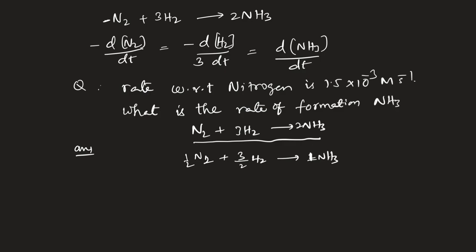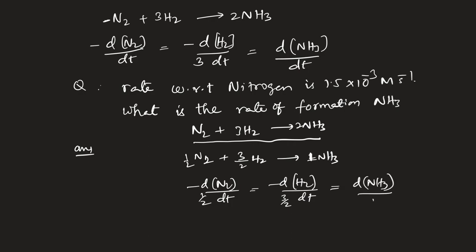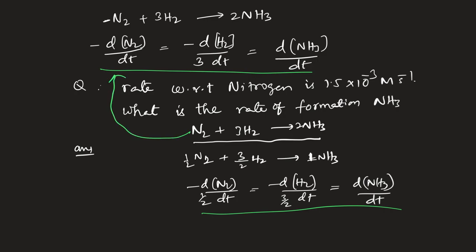When stoichiometric coefficients are changed, then I can write this as minus dN2 by 1 by 2 dt, that equals minus dH2 concentration by 3 by 2 dt, is equal to dNH3 concentration by dt. But actually which one? This one also takes place. Then both expressions have stoichiometric coefficients changed. Therefore, the equation must be given in the question.